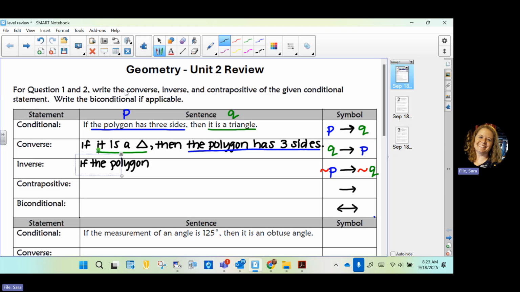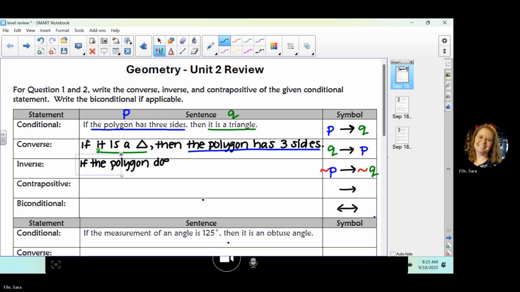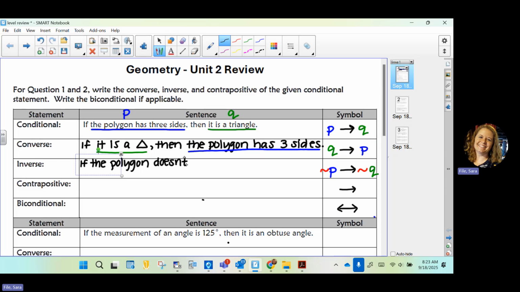I can't just add the word not. I can't say if the polygon not has 3 sides. That doesn't make sense, does it? So I'm going to change the wording slightly. I'm going to say if the polygon does not have 3 sides, or you could say doesn't if you don't want to say does not.